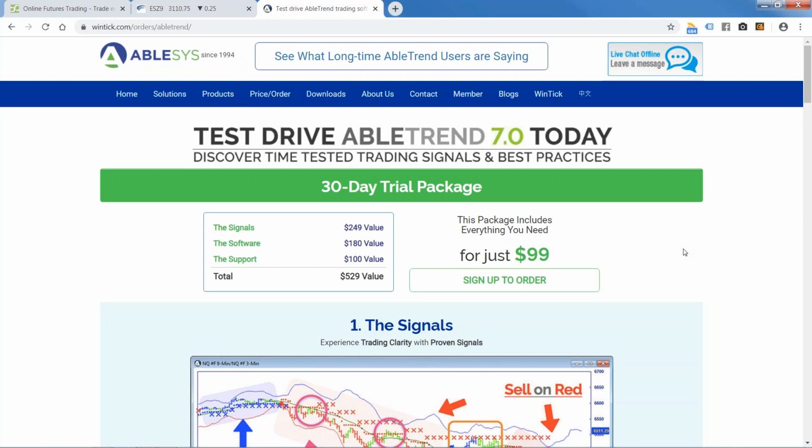I do want to remind everybody that we did a presentation today on a signal that generates buys and sells. And keep in mind that we talked in terms of hypothetical data. There are limitations with hypothetical analysis and past performance on any system, whether it's AbleSys or anybody else trading people's money.